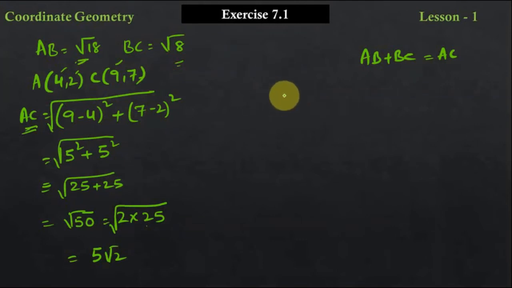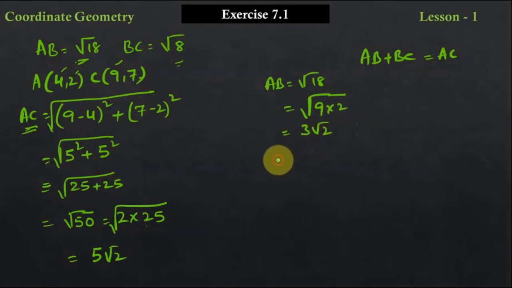So now we'll convert this. See here, AB how much I got? Root 18. So root 18 can be written as 9 into 2 is 18, isn't it? So what is the value? Root 9 value we know, 3. 3 root 2.